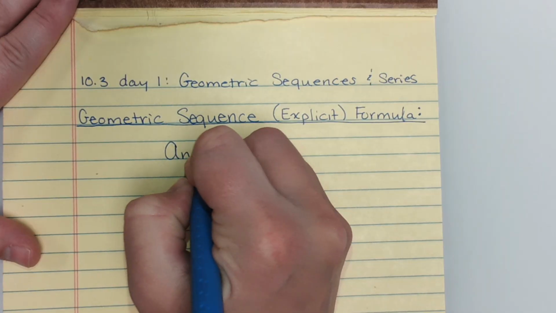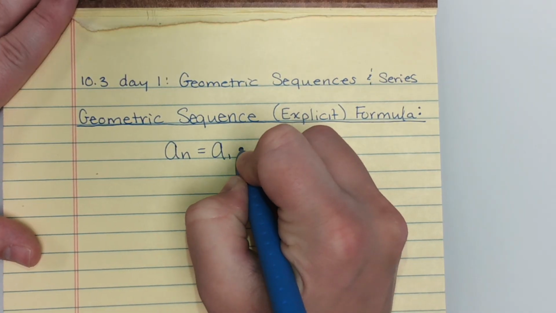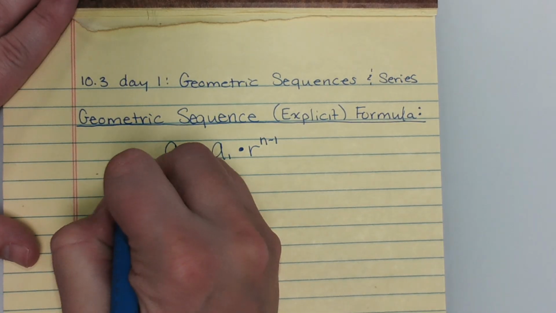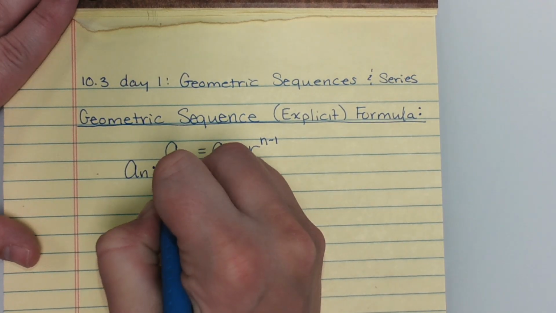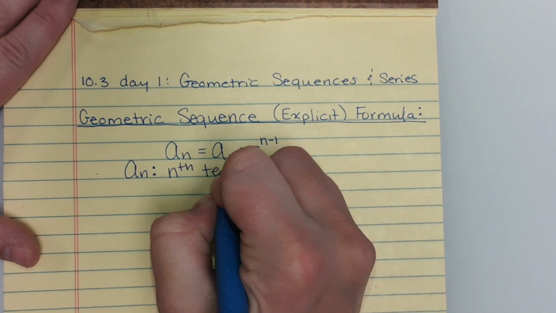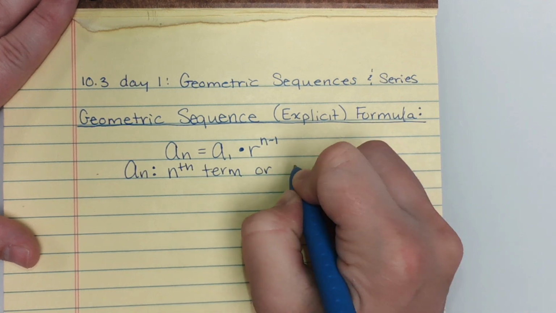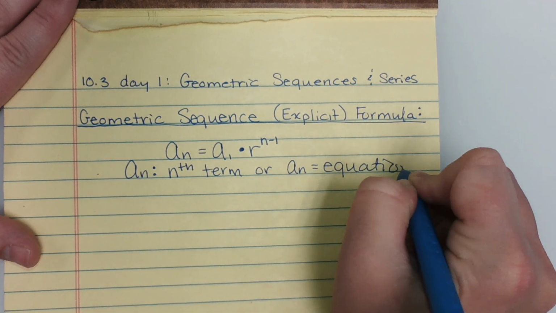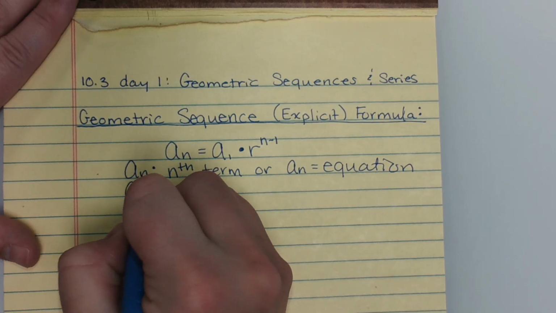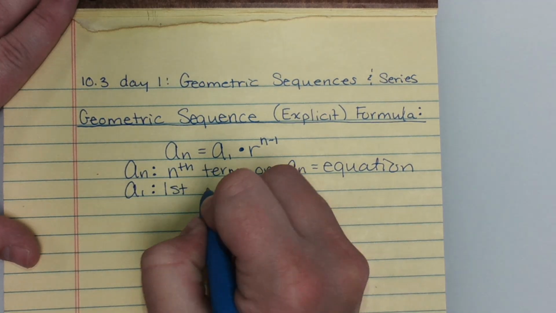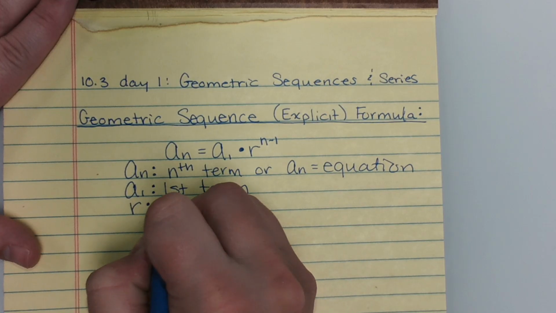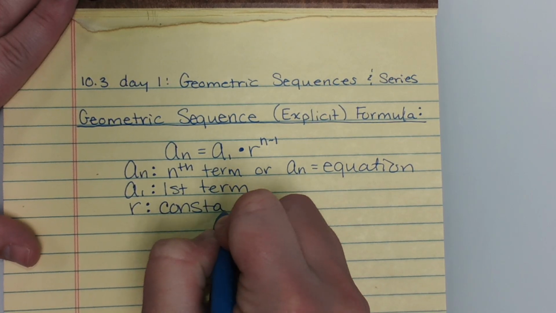It goes a sub n equals a sub 1 times r to the power of n minus 1. Where, a reminder, a sub n is either the nth term or a sub n is equal to the equation. A sub 1 is still the first term. r is that constant or common ratio.